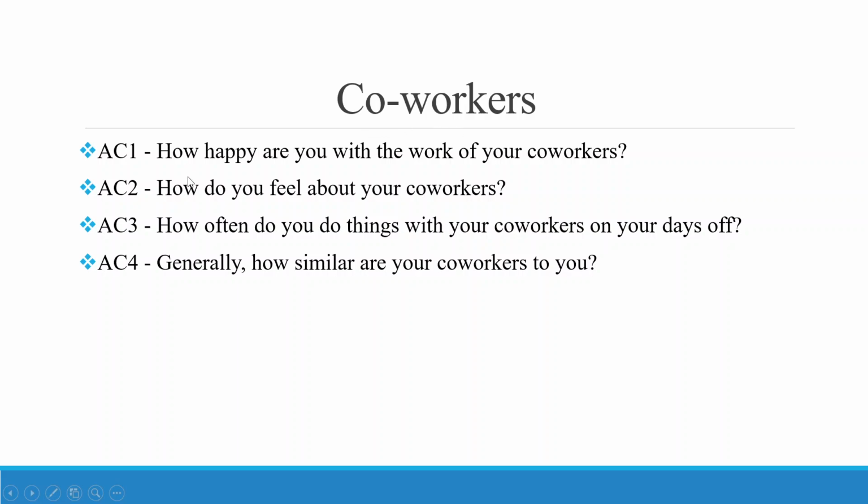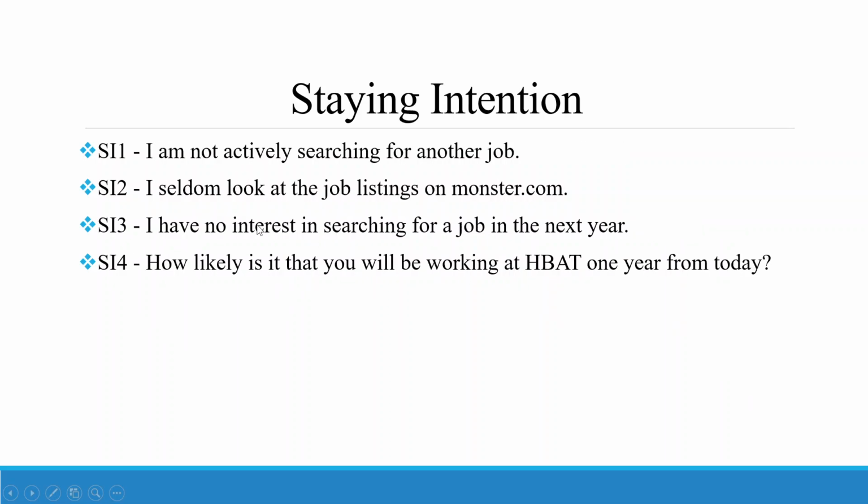Behavior of co-workers. AC1. How happy are you with the work of your co-workers? AC2. How do you feel about your co-workers? AC3. How often do you do things with your co-workers on your days off? AC4. Generally, how similar are your co-workers to you? Staying intention is a construct measured with the help of 4 statements.